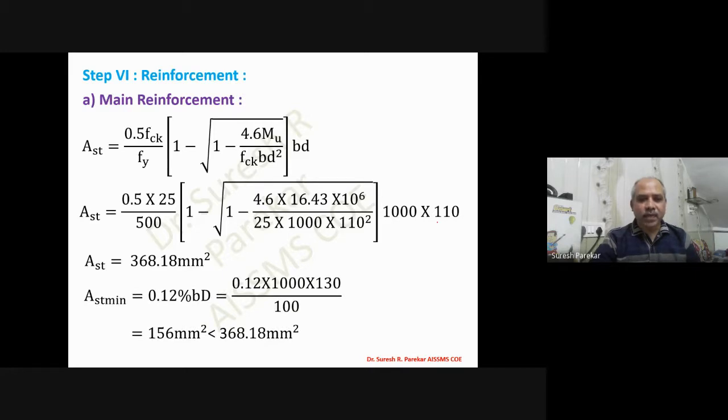AST minimum we have 0.12% of B into capital D, and from this we get 156 millimeter square, which is less than 368 millimeter square. Therefore we have to use the maximum of the two, so we go with 368.18 mm square.